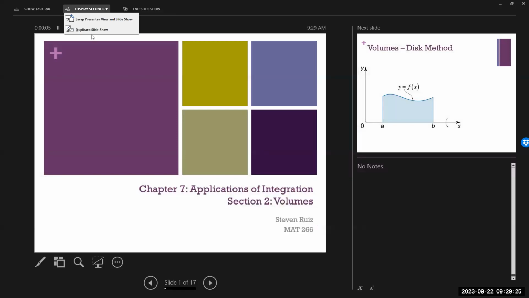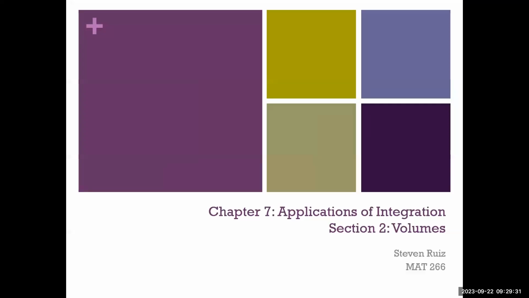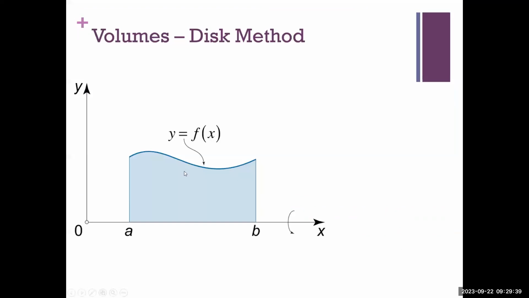Now we're going to use integrals to talk about volume. It does not really make sense unless we do something with the areas we talk about to make them three-dimensional. So let's talk about how we're going to do that.